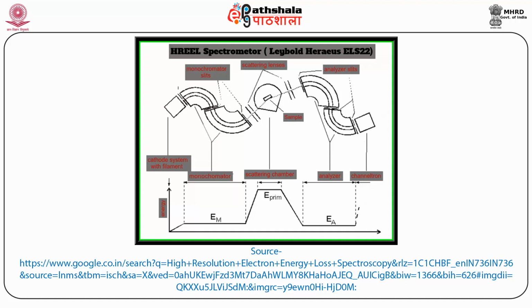The radii of the CHA, as I said, CHA is concentric hemispherical analyzer. So the radii of the CHA are of the order of several millimeters, and here it is up to about 10 millimeters.